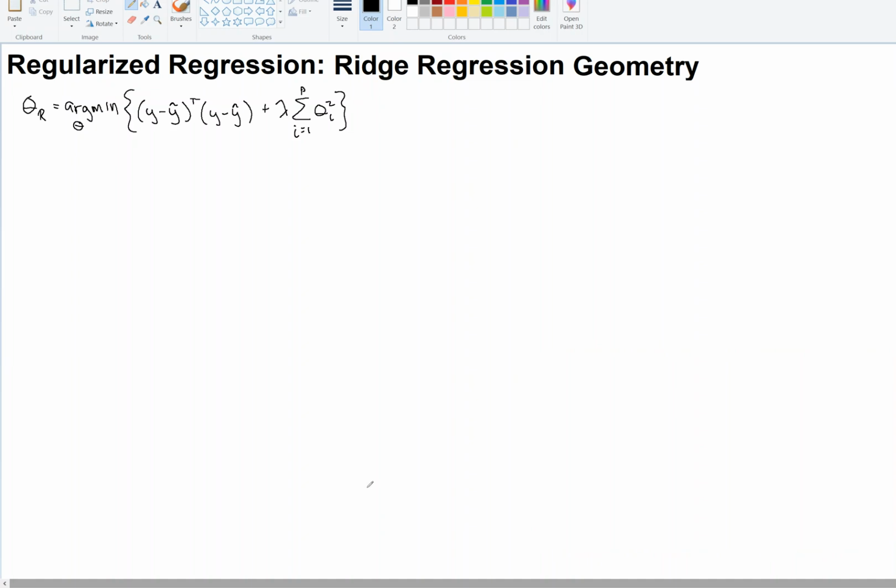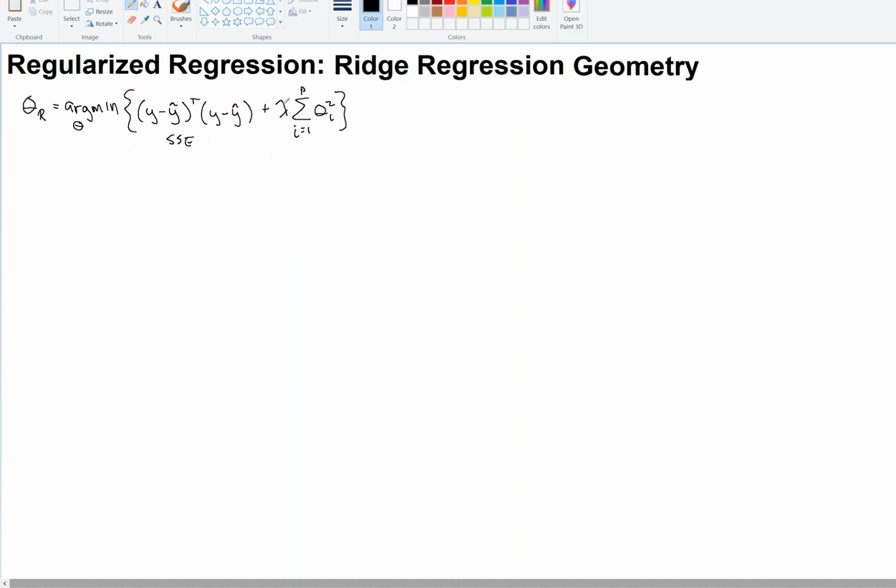If you remember, the model theta r, we're calling it, is the theta that minimizes the sum squared error, plus the penalty term, which is lambda times the sum of the square of each of the individual theta components. This is the SSE here.